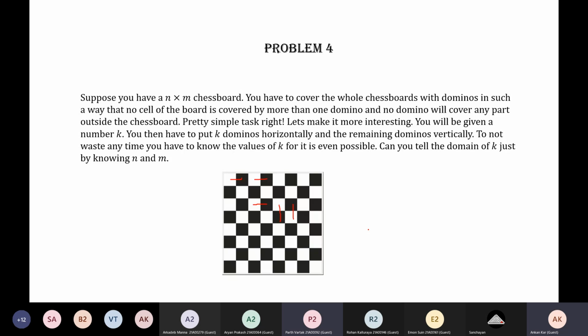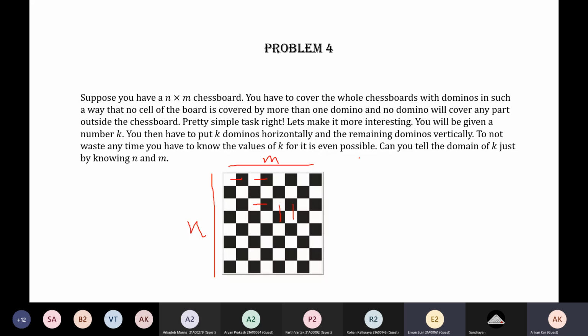So an n by m chessboard means that there are n rows and m columns. This side is n, and this side is m.